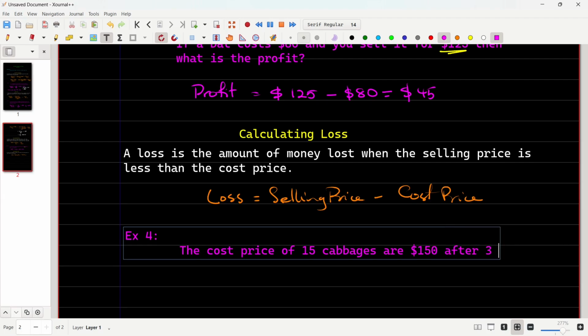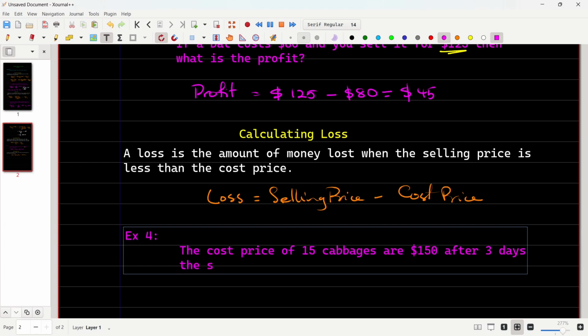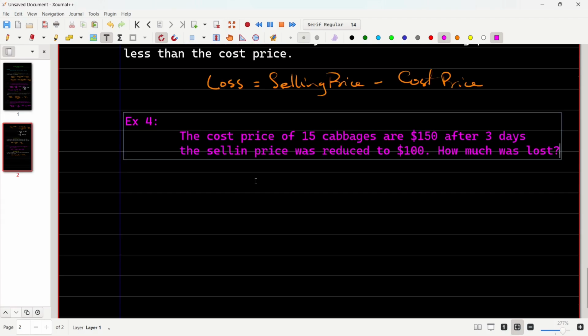After 3 days, the selling price was reduced to $100. How much was lost? And this is a normal kind of situation.